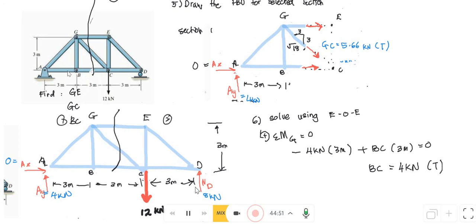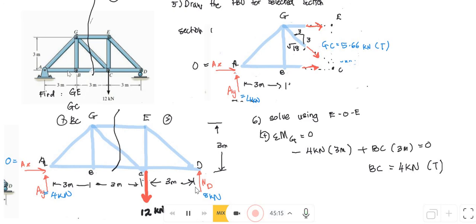Normally we assume positive is tension, but if you want to assume compression is positive, it also can. But again, for the beginner, it is better to assume that positive means tension. So if you get negative, it should be the other way around. So we get BC, BC is 4 kilonewton.